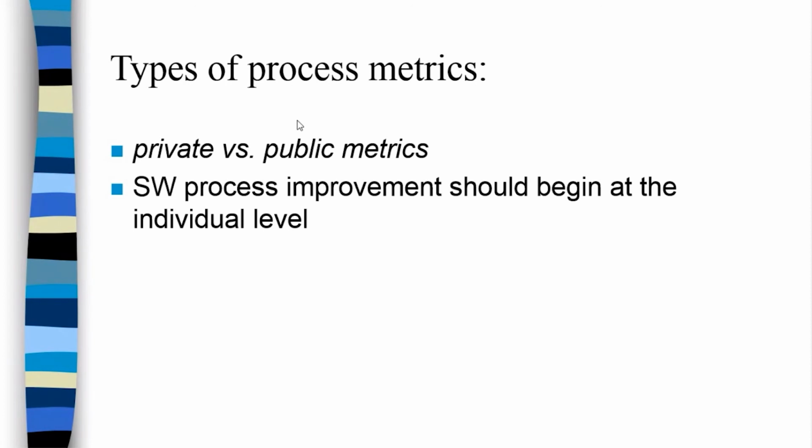Whereas in public metrics, the data collected and evaluated are reviewed by the whole organization with the aim to uncover indicators that can improve organizational process performance. So that is the difference between private and public metrics.